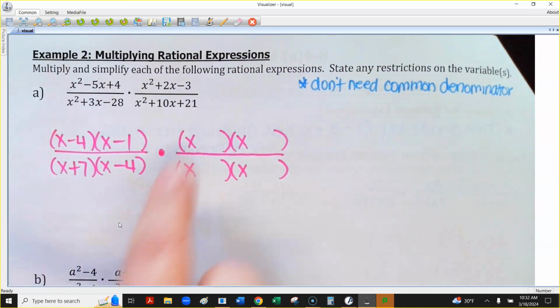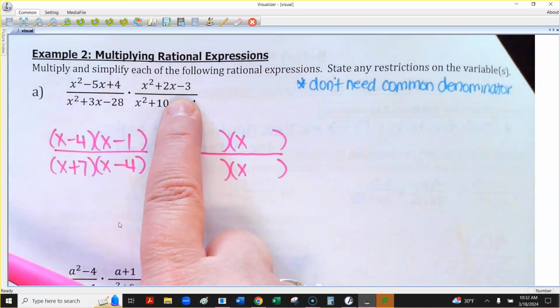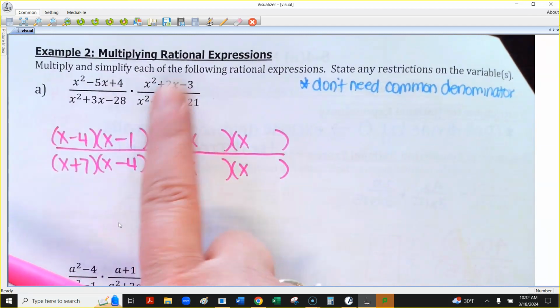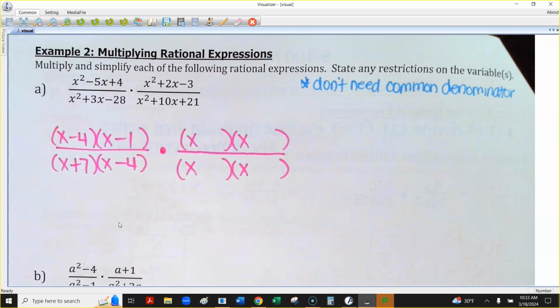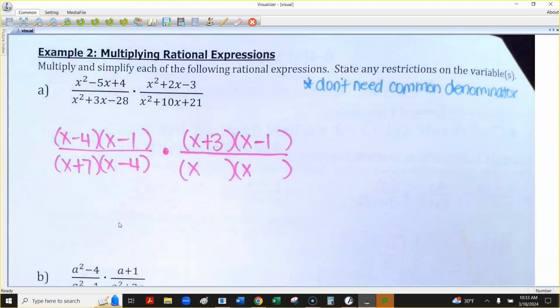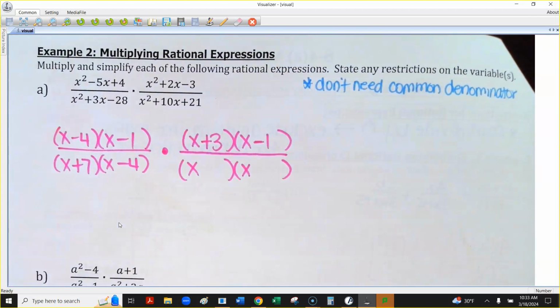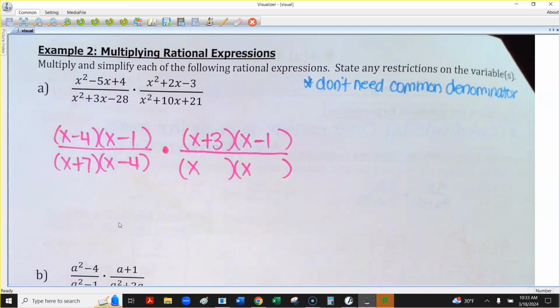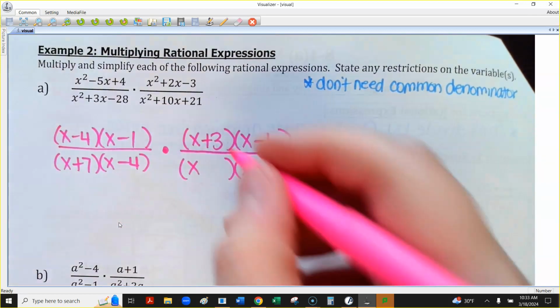Can you tell me two numbers you'd multiply to get -3 and add to get 2? Perfect. One of them's a +3 and one of them's a -1. And the last one, on the bottom of the second fraction, I've got to multiply to get 21 and add to get 10. 7 and 3.